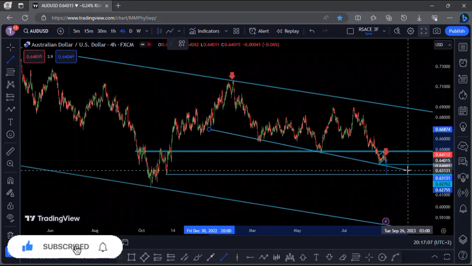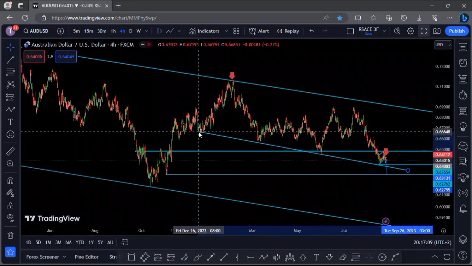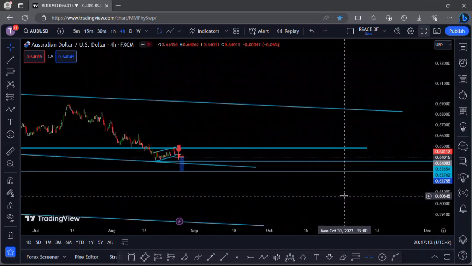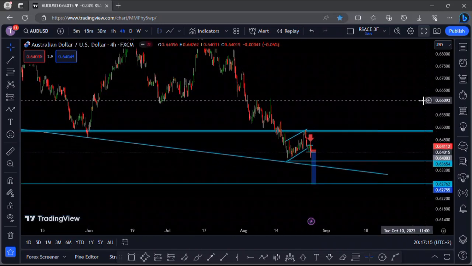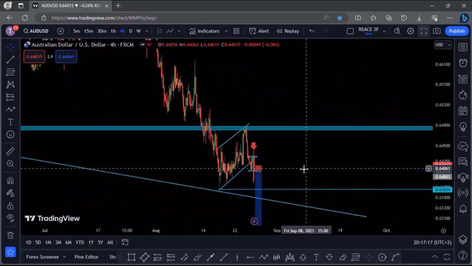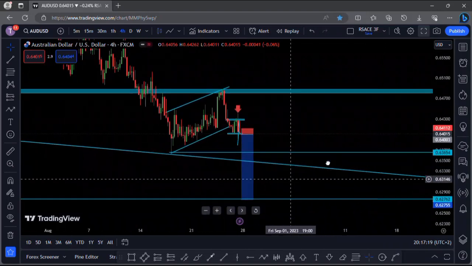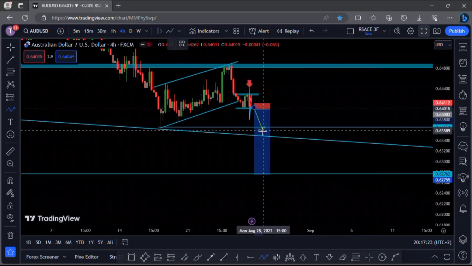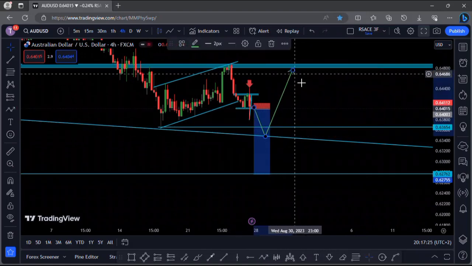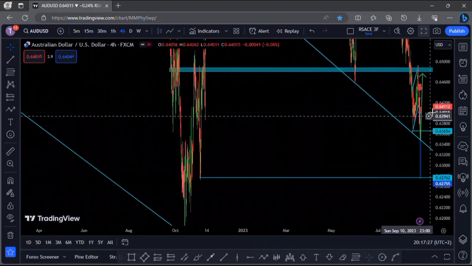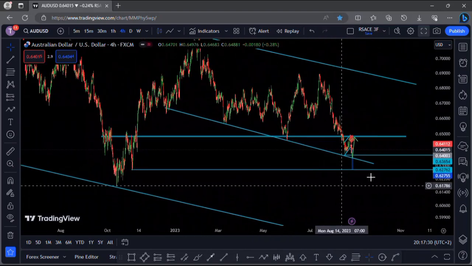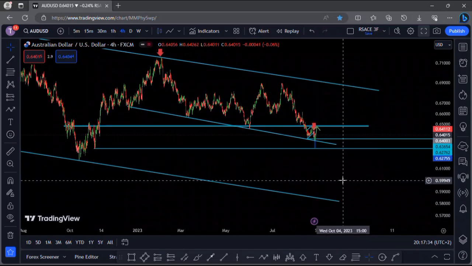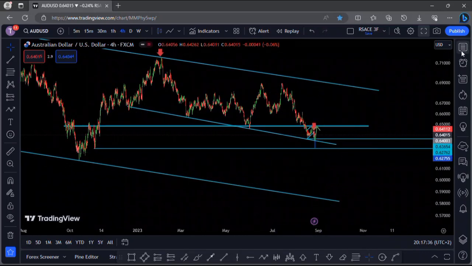Let's see. Yeah. This is what I thought. So I don't know how I feel about this trade, but I think it's safe for us to take this trade. It's really safe for us to take it.